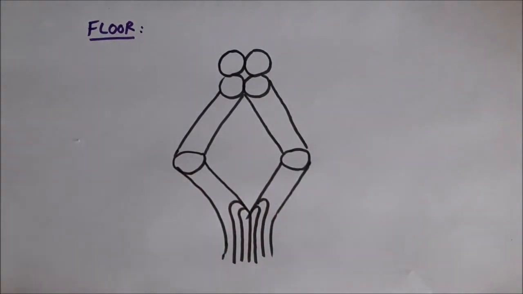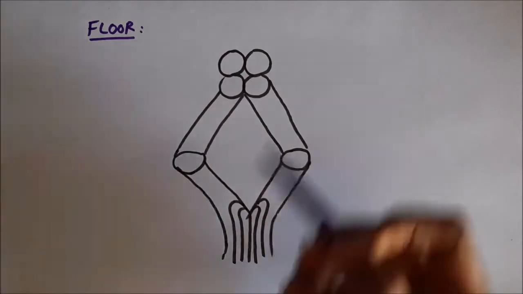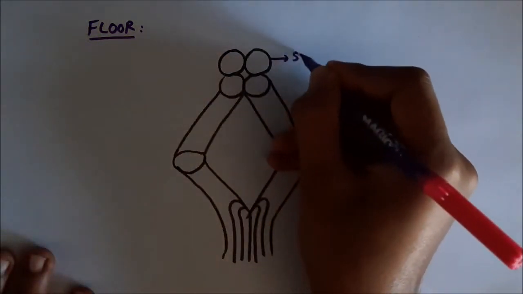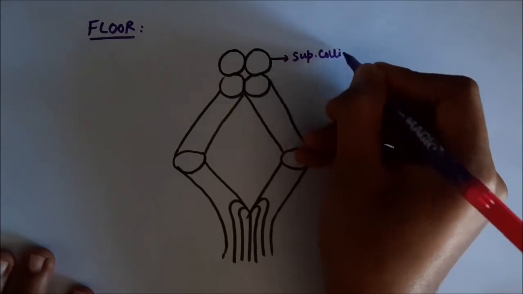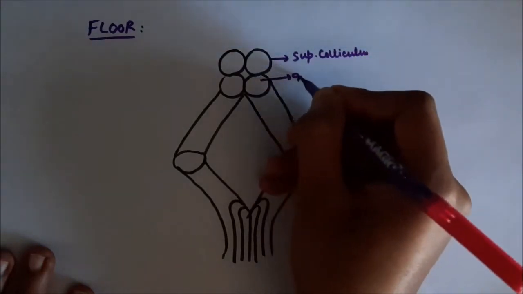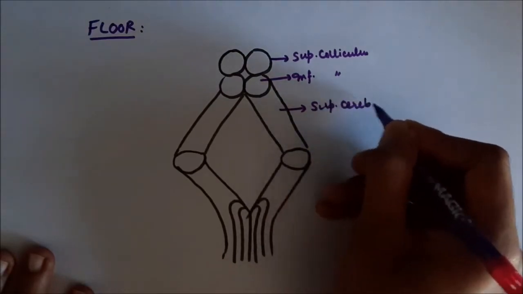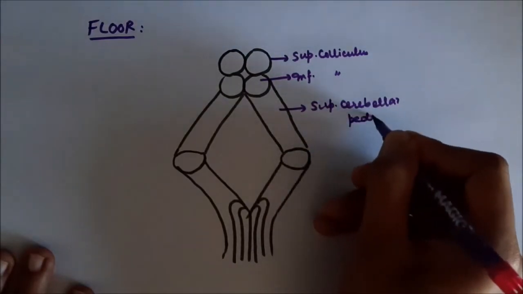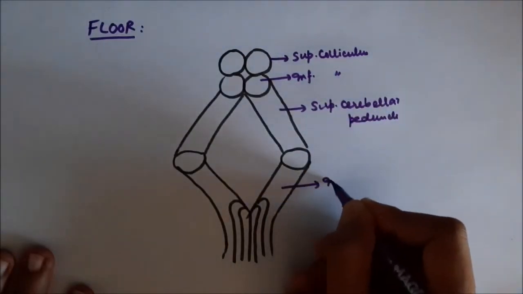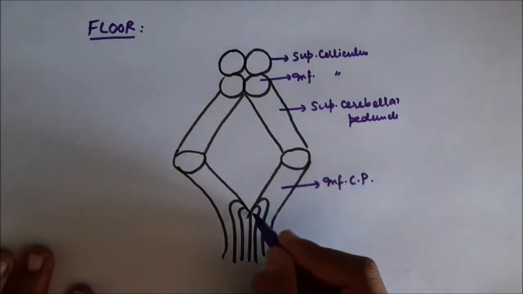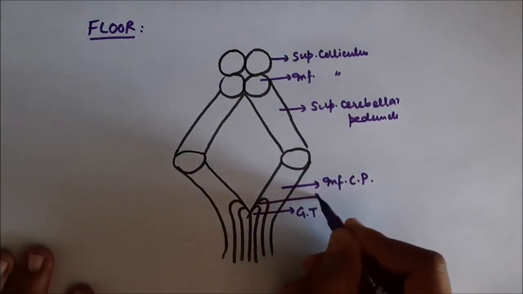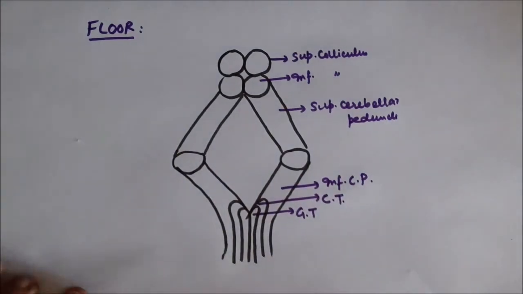Quickly let us label these parts. Okay, so this upper part, these are the two colliculi. This is superior colliculus, below it is inferior colliculus. This is superior cerebellar peduncle. The lower one is the inferior cerebellar peduncle. This is gracile tubercle, and the lateral one is the cuneate tubercle.